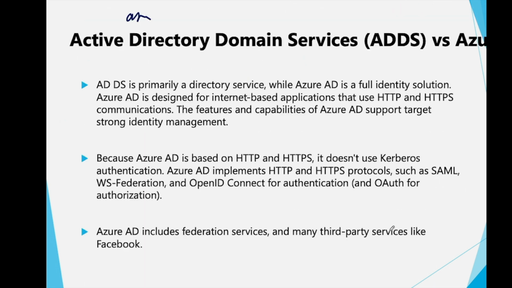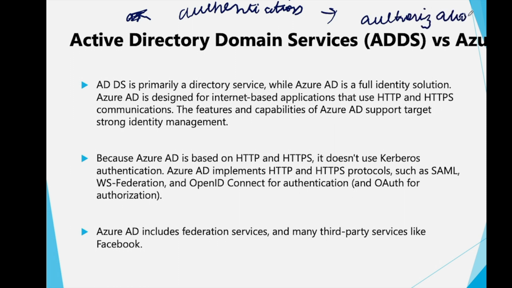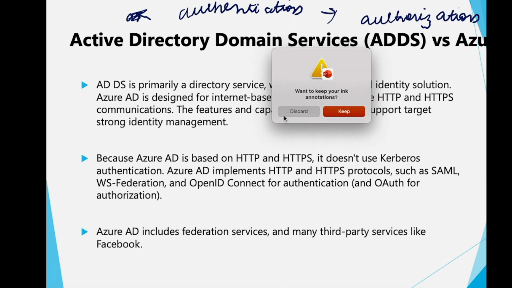So since we were discussing the difference between ADDS and Azure AD, these services do authentication of the users and make sure that we have the proper authorization for the users. Let's understand the difference between authentication and authorization.